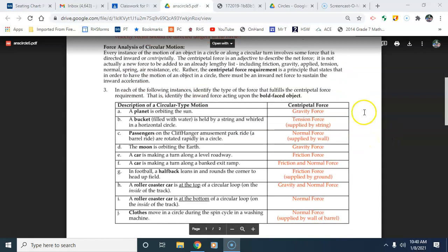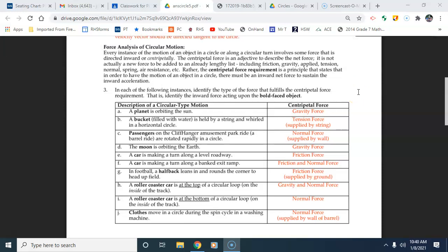Okay, so yesterday we described some things in the notes and in yesterday's video, or in class if you were in class, about the term centripetal force being a kind of generic term. If I asked you what force is making something go in a circle, it's a generic answer to say a centripetal force. Yes, it does take a centripetal force to make something go in a circle, but you could think of centripetal force as just a category of specific forces that are making something go in a circle.